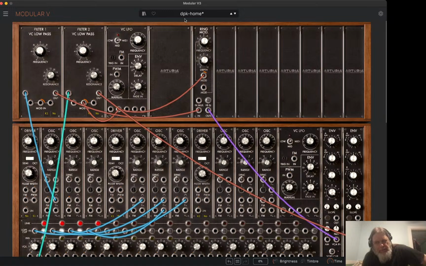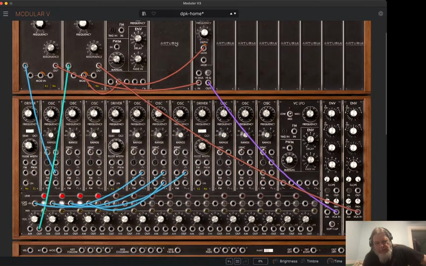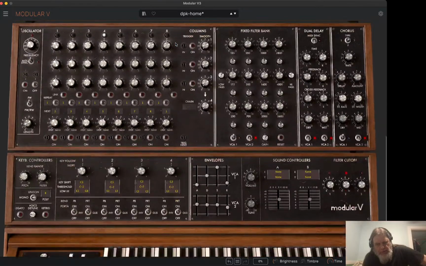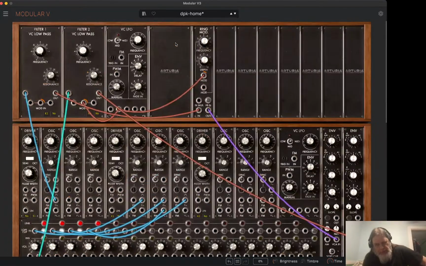So I played this sound, or patch, at open mic this past Thursday, and it's got a few parts that happen to play at the same time.